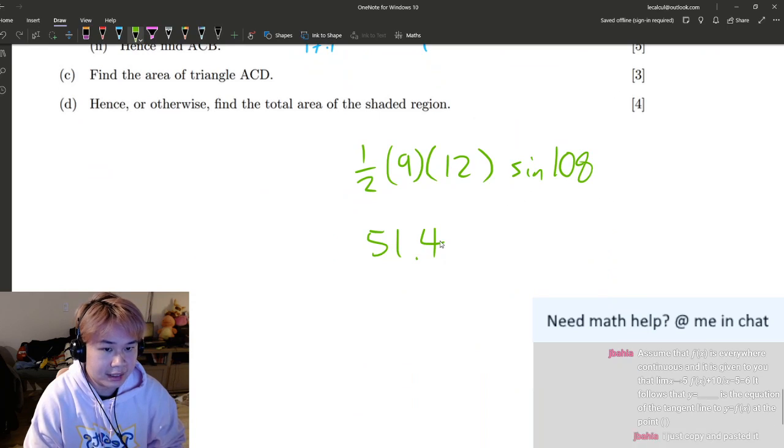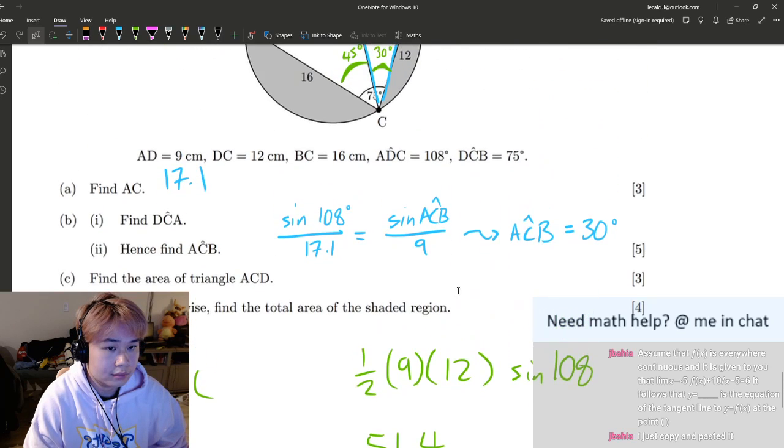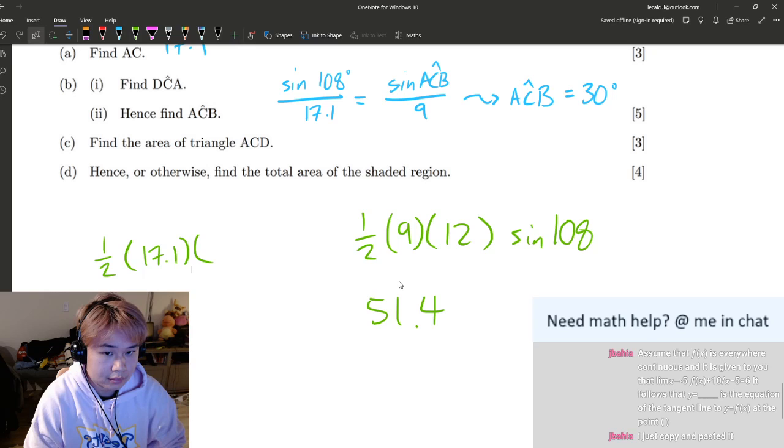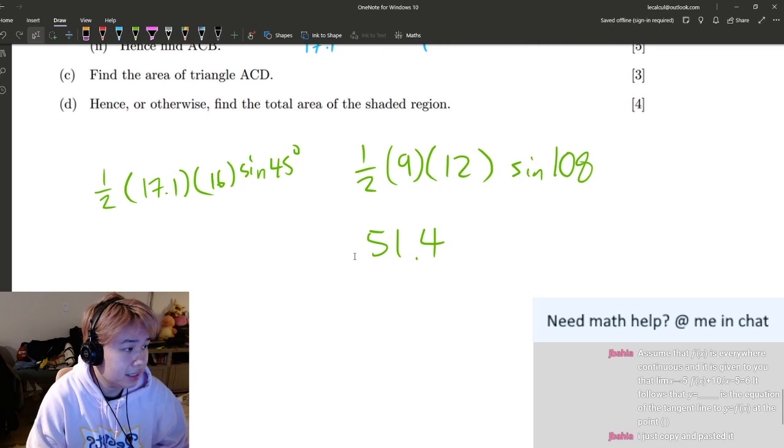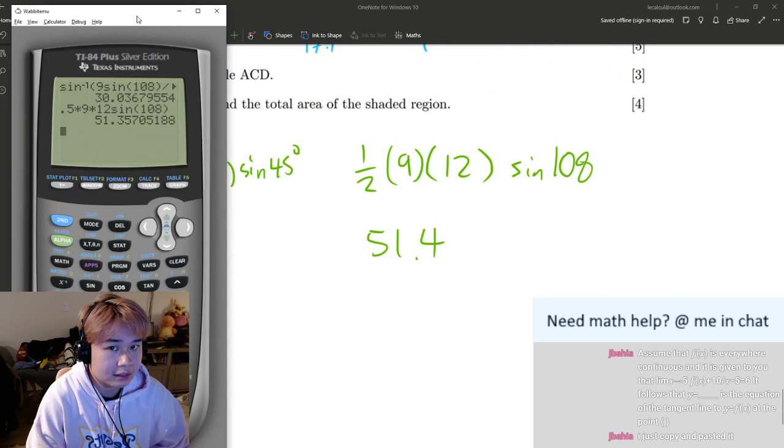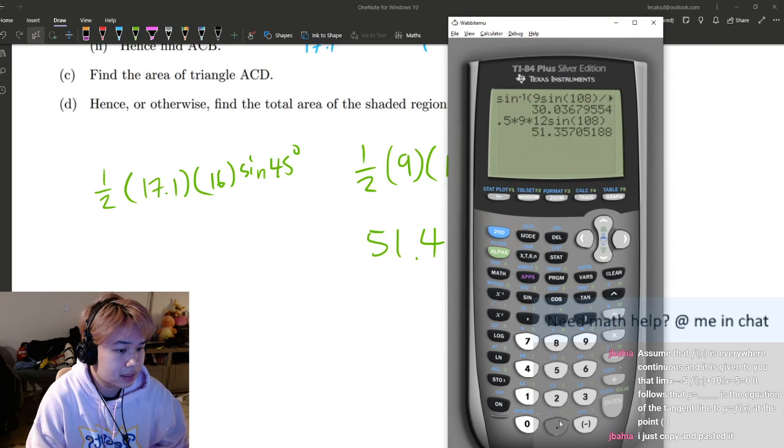So I just repeat my process. And then I can calculate this. So 0.5, 17.1, 16, sine 45. And that's 96.7.